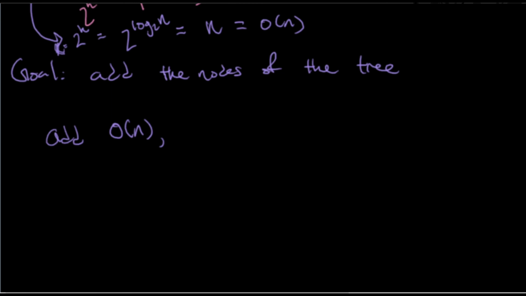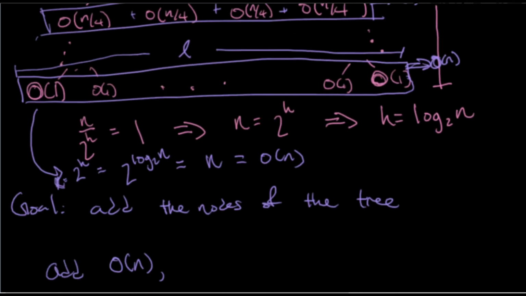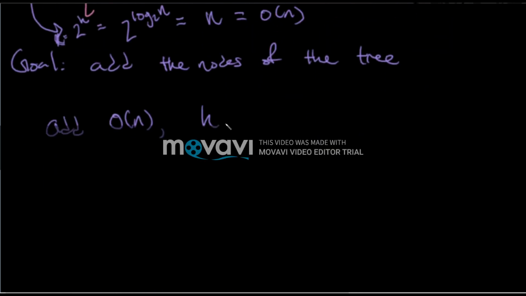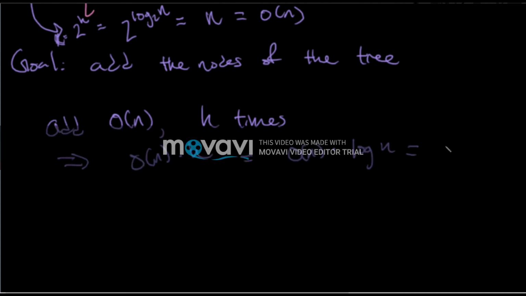We're going to add O of n how many times? Well, there's h levels, so we're going to add O of n h times. And this is the equivalent of saying O of n times h, where if you remember before, we saw that h was log base 2 of n, and that is equal to O of n log n.